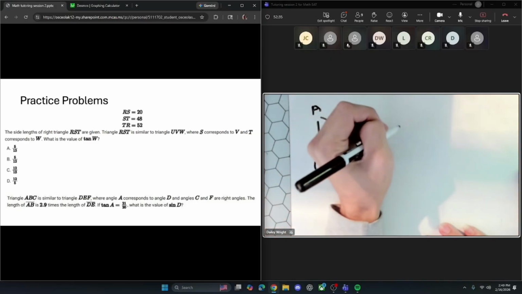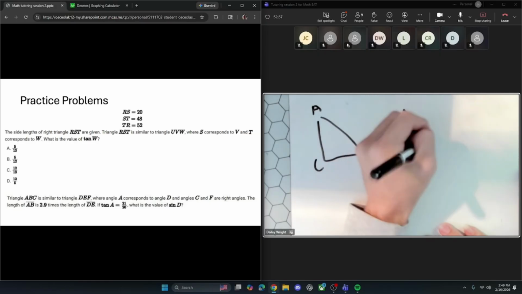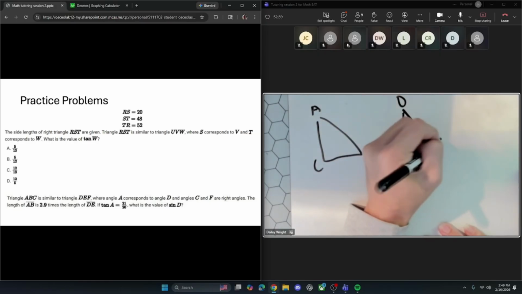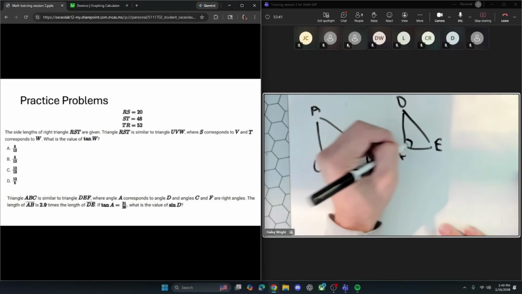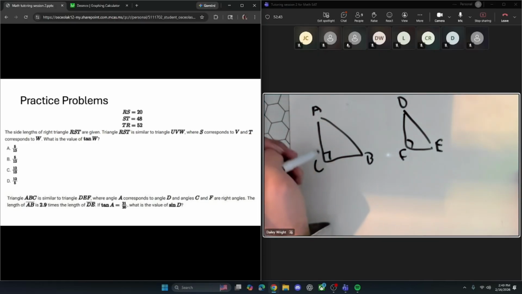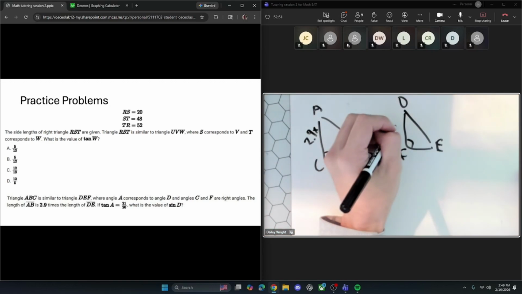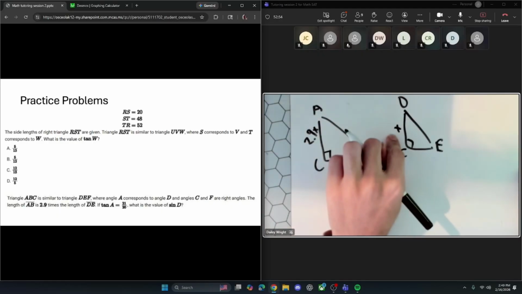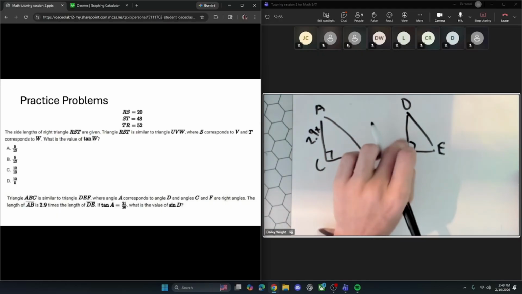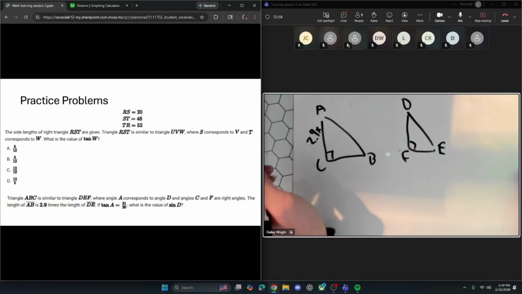ABC, DEF. The length of AB is 2.9 times the length of DE.